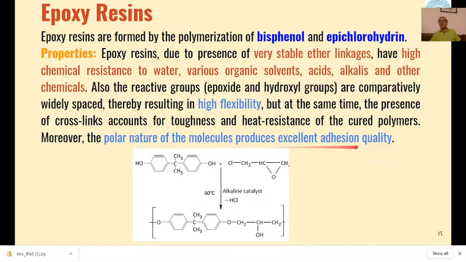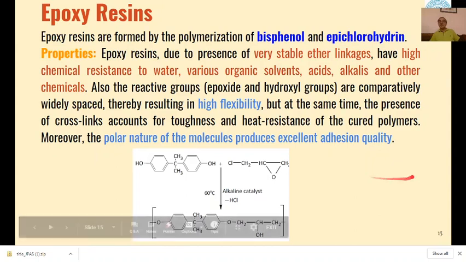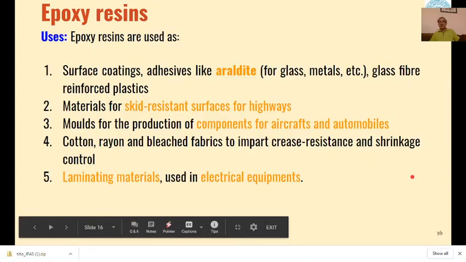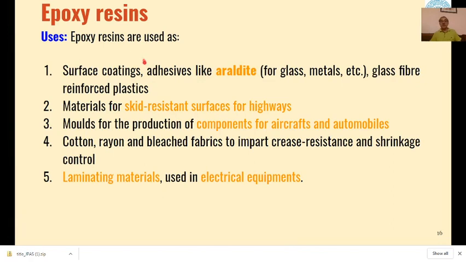The polar nature of these molecules gives us very excellent adhesion quality, so that is why epoxy resins are used as adhesives also. Some of the important applications of epoxy resins: they are used as surface coatings. As I have told you, they are used as adhesives. For example, araldite, which we have used many times, is an epoxy resin.